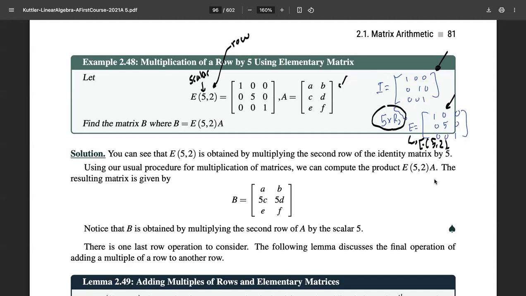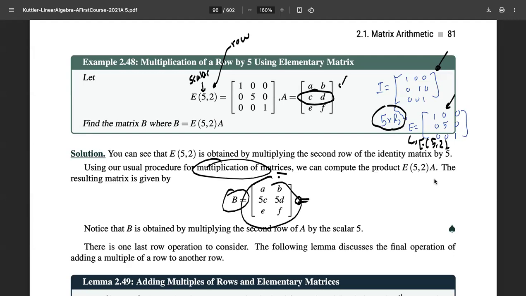And by matrix multiplication, we can see that we will derive this matrix. But this matrix is exactly just matrix A, where the second row is being multiplied by 5. So we can see that multiplying matrix A by our E52 elementary matrix is equivalent to just multiplying the second row of matrix A by 5.